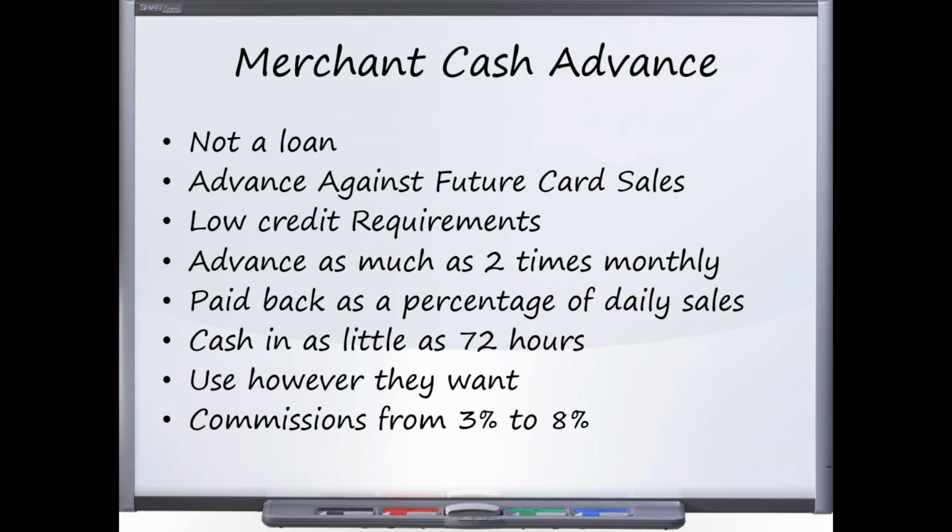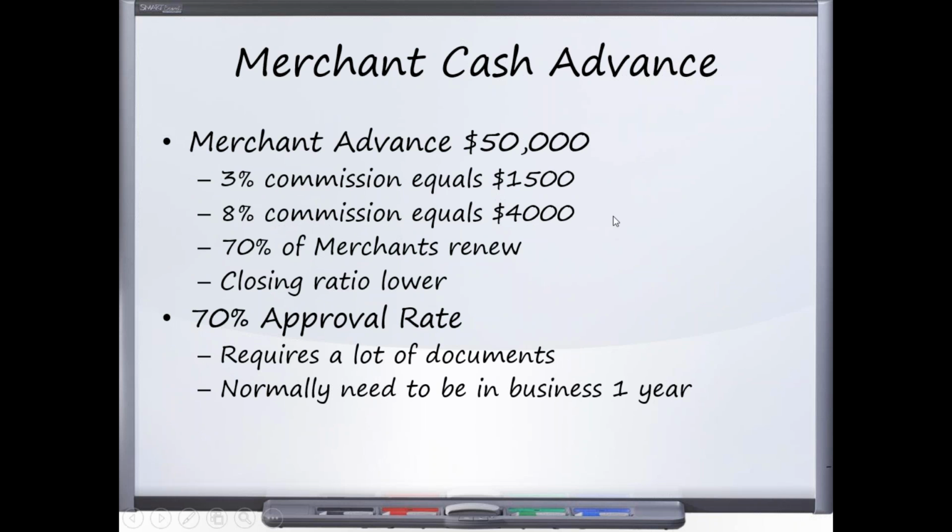Now, here's the point that is good for you all as far as getting leads for us and us getting sales. The commissions run from 3% to 8%, which doesn't sound like a whole lot. But let's take that merchant and let's say we advance him $50,000. Depending on how everything's set up, it pays anywhere from 3% to 8%.